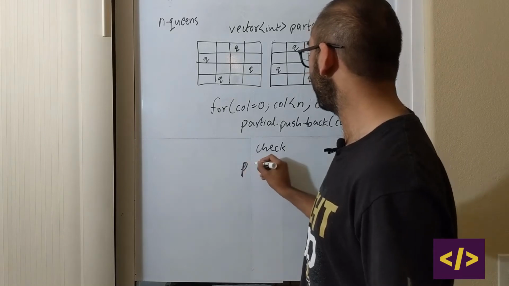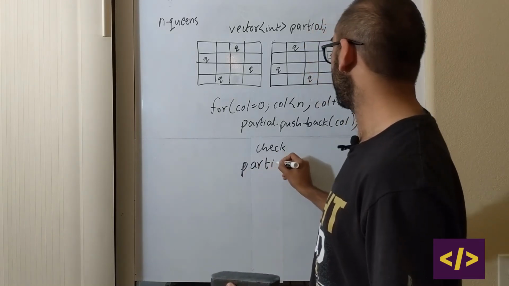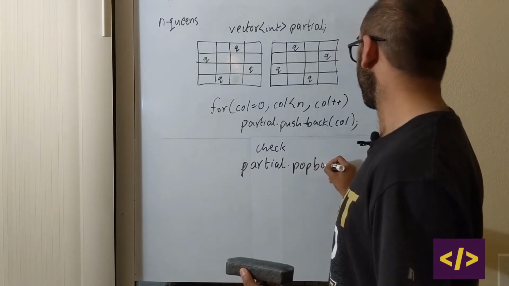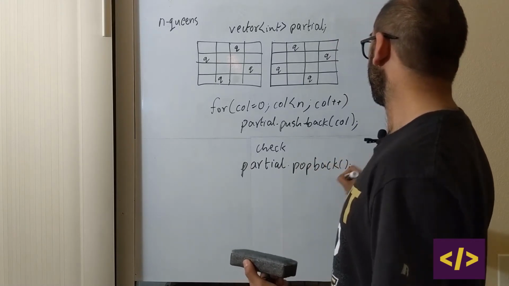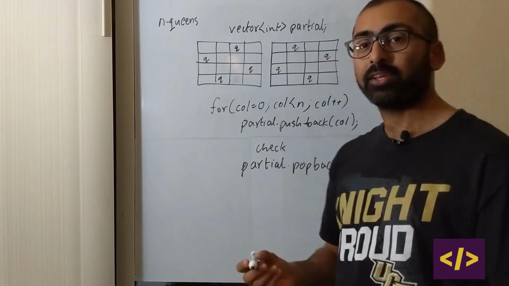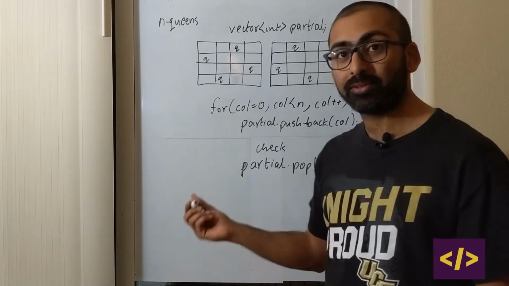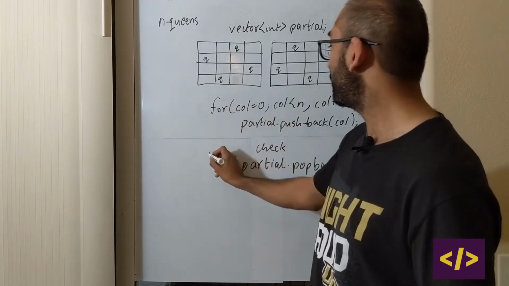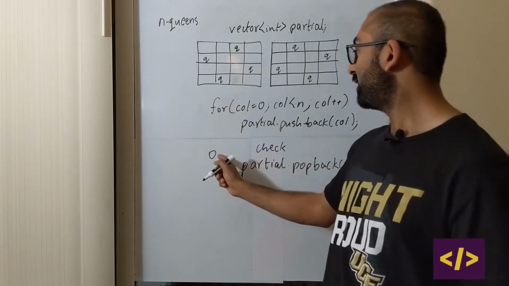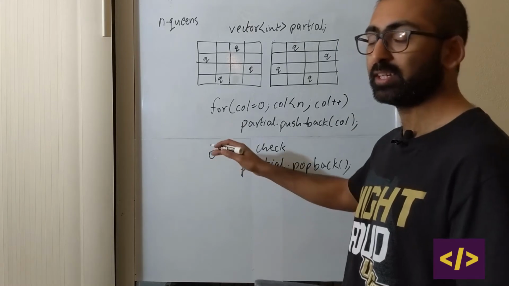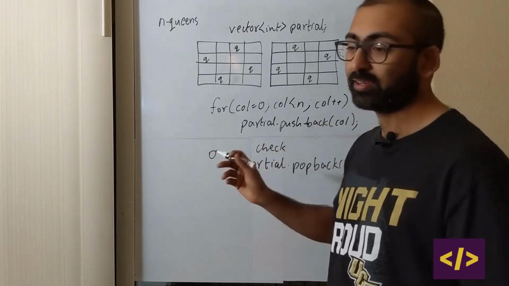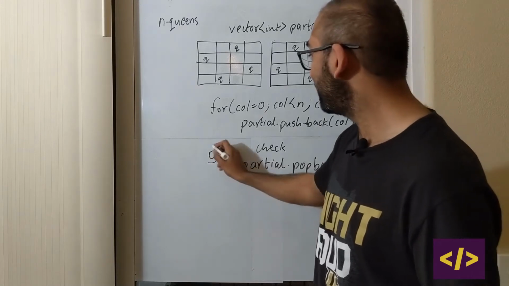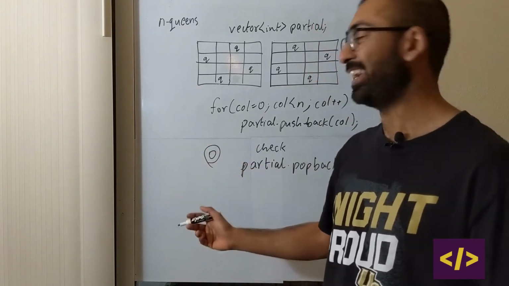Okay, let's see what happens if you didn't do that. Let's say that you forgot to do this, and in the first case you pushed 0 into the column, right? And then you go into the recursive function. Let's assume that you don't have this part here, so that 0 stays there, right?